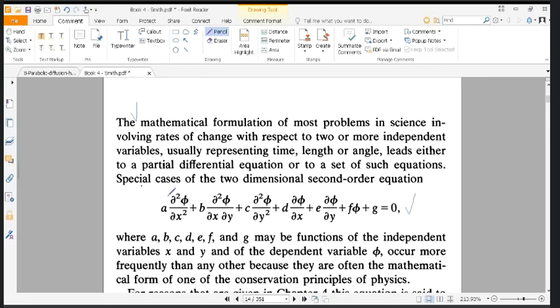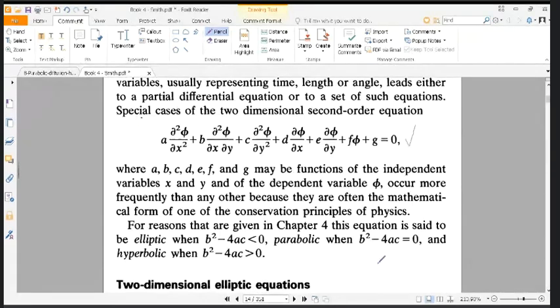In this general form of PDEs, when B² minus 4AC is smaller than 0, the equation is called elliptic. When B² minus 4AC equals 0, the equation is called parabolic.